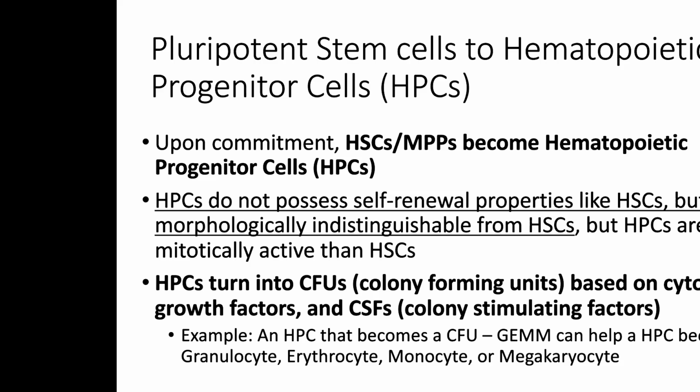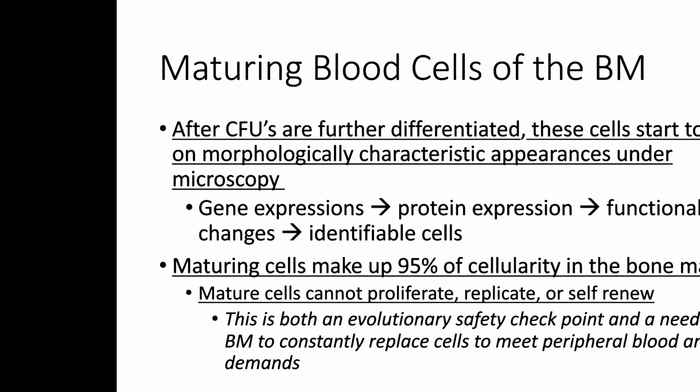Eventually, those hematopoietic progenitor cells form into colony forming units based on the cytokines, growth factors, and colony stimulating factors supplied to them. For example, if we give a hematopoietic progenitor cell CFU-GEMM, that will cause it to become a granulocyte, erythrocyte, monocyte, or megakaryocyte, but it will not become a lymphocyte.